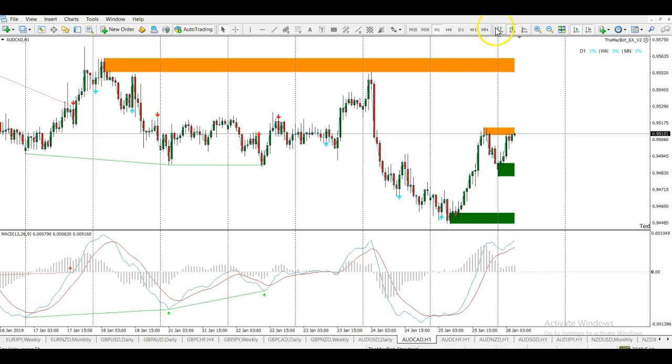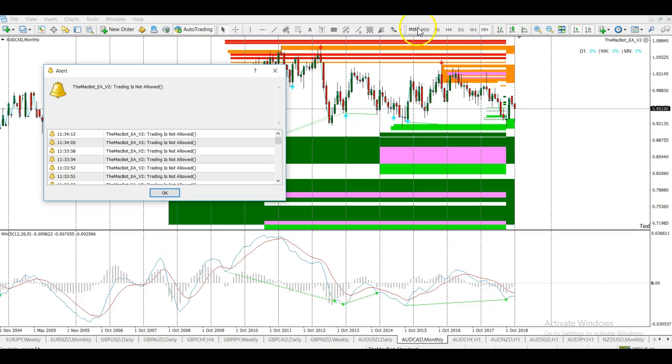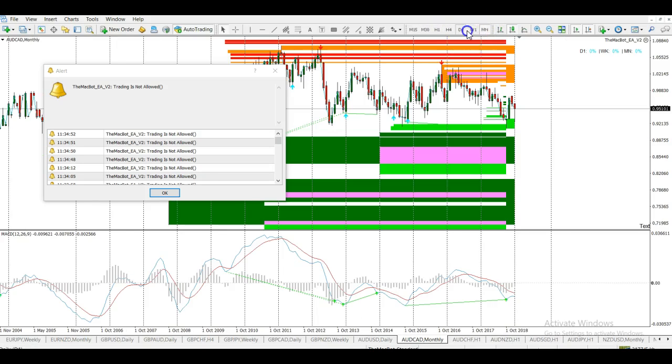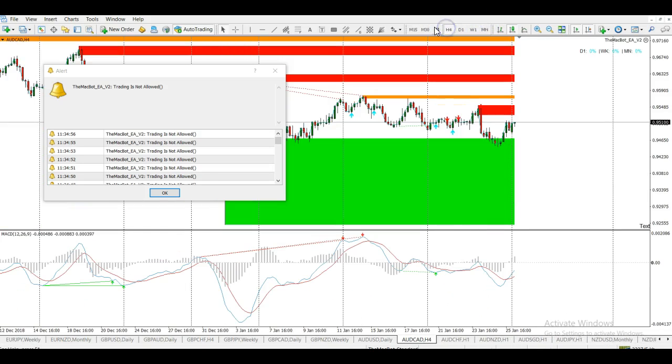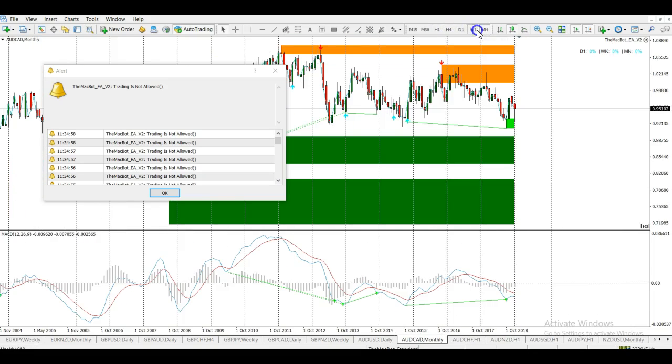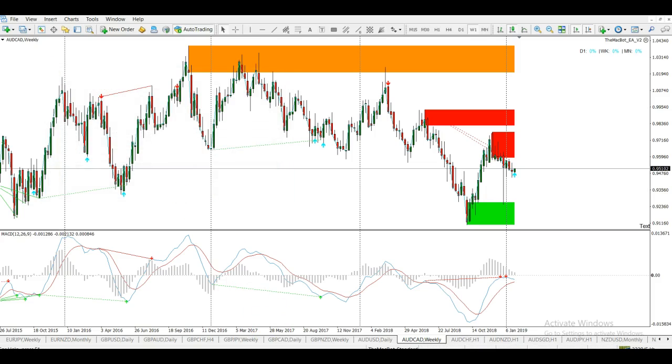Aussie CAD, so the monthly. No, and no, 2 no's.